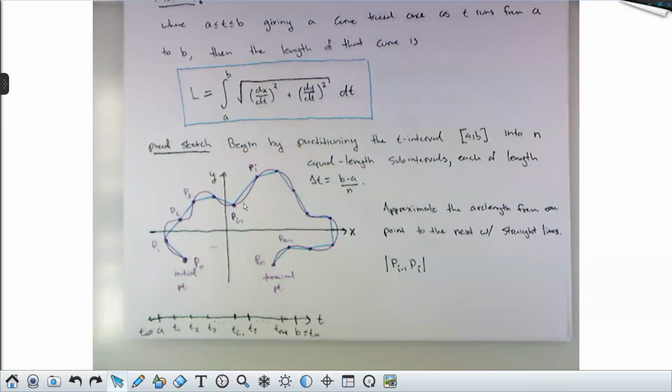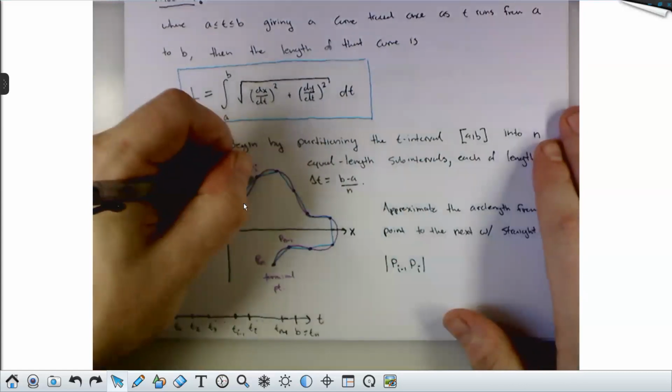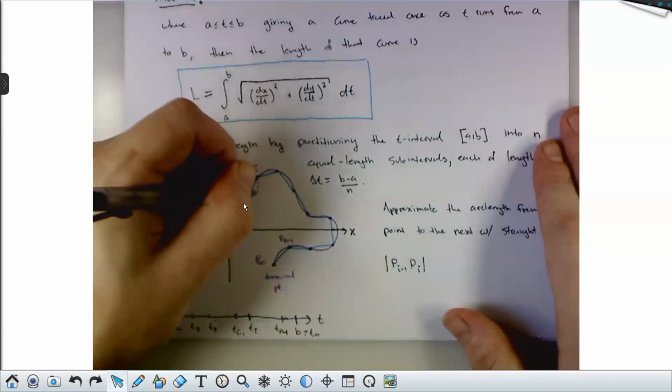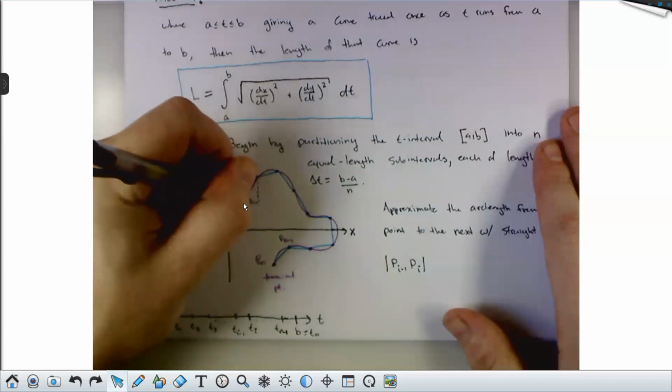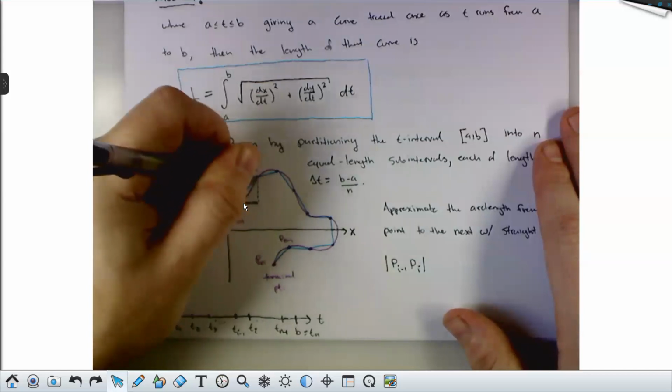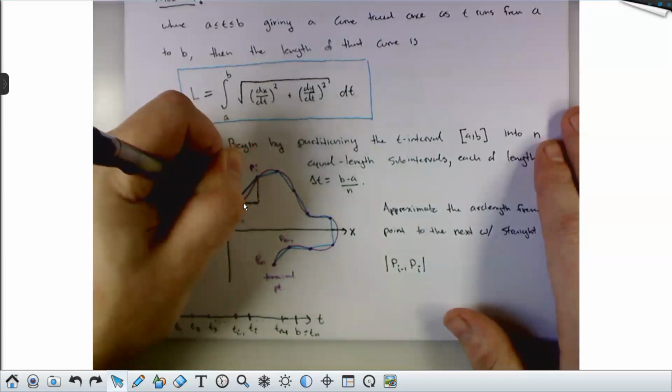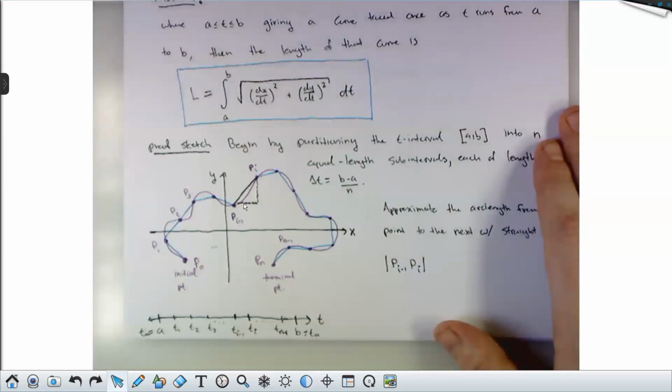I can calculate this by making a little right triangle in here, for which that little segment is the hypotenuse.